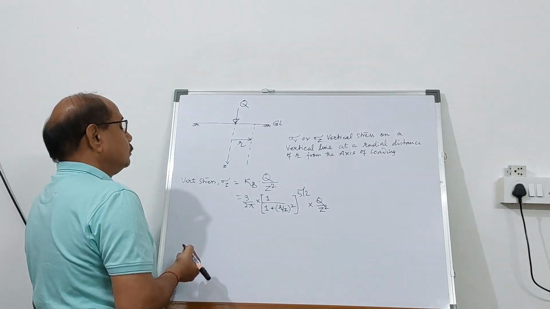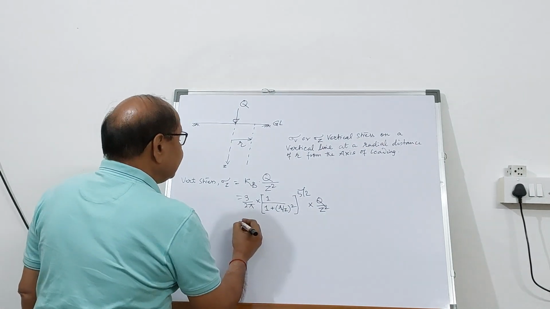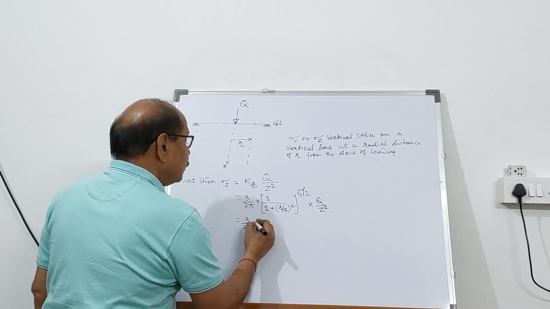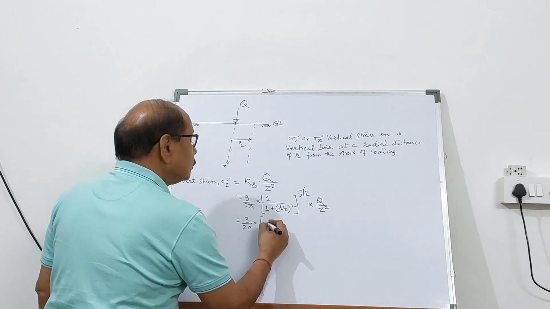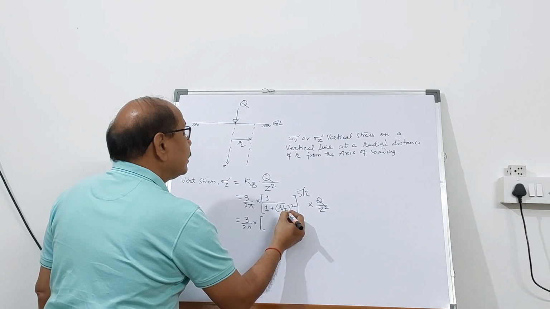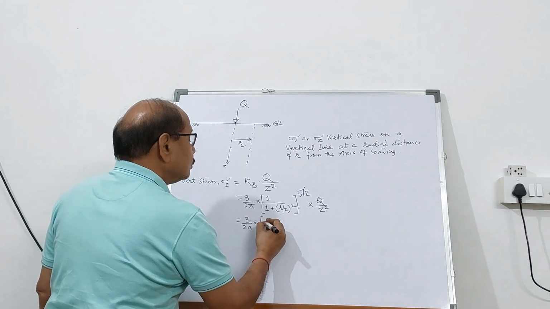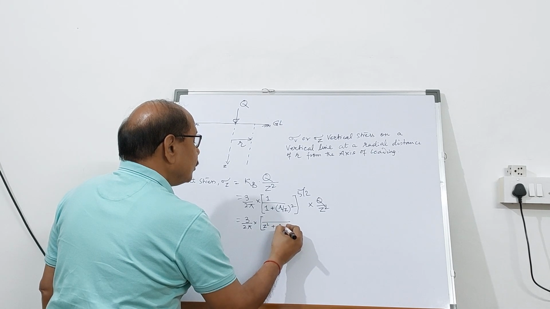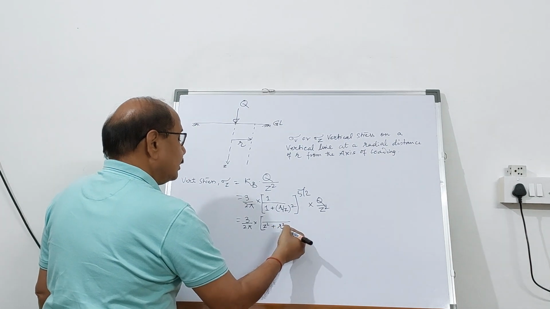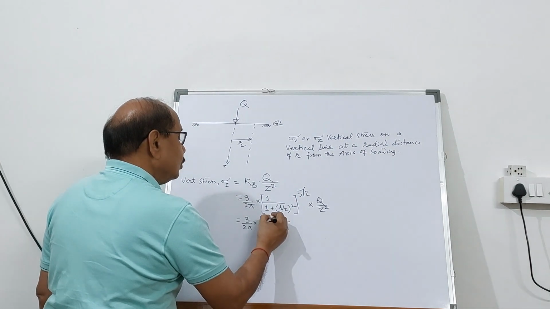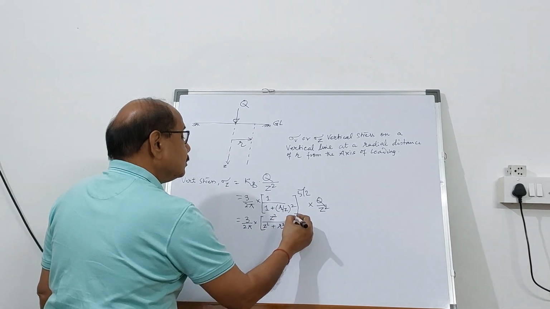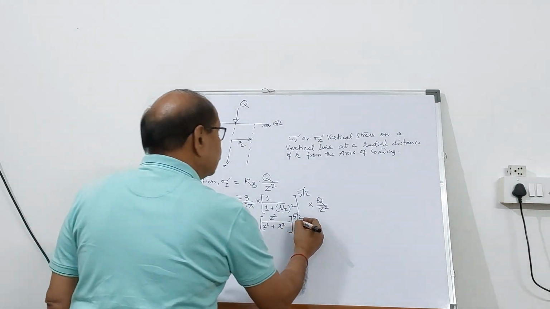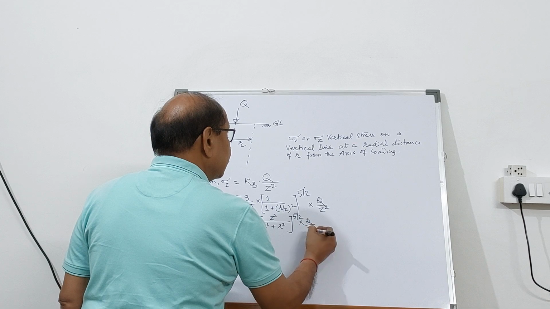Now, if you simplify it, this can be written as 3 divided by 2 pi into, here it becomes z square plus r square, and the denominator z square will go here, to the power 5 by 2, into Q by z square.